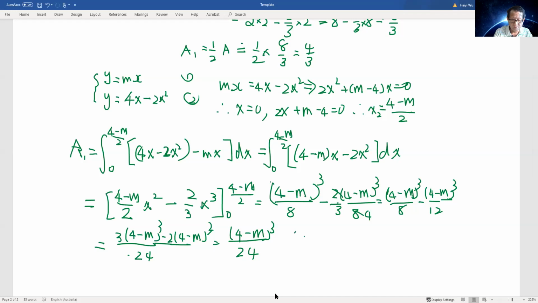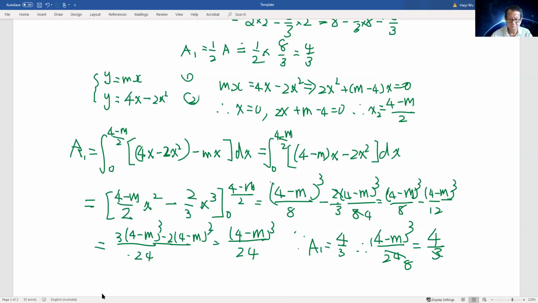Because we know area 1 already, we calculate that it is half of the total area, which is 4 over 3. Therefore, we will have (4 minus m) to the power of 3 divided by 24 equal to 4 over 3. So we cancel it out, so there'll be 8.